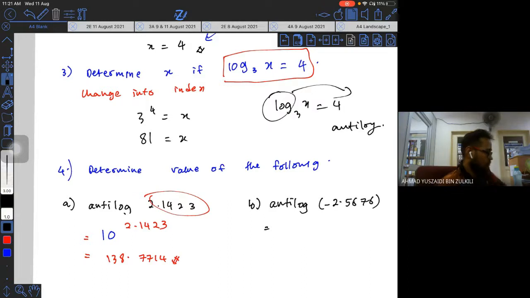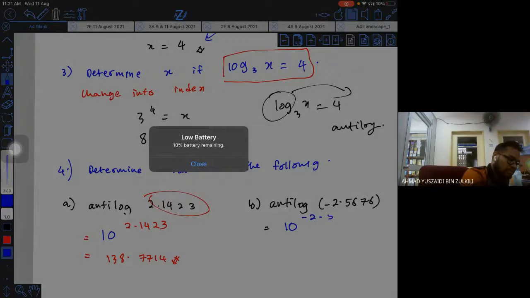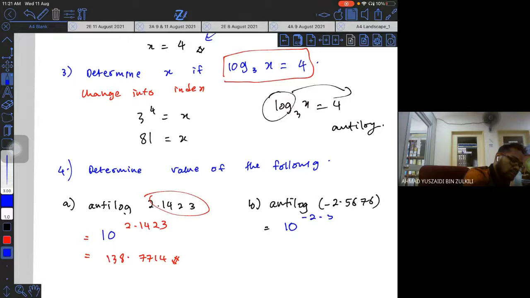What value do you get? 10 to the power of negative 2.5676. Okay, you get it in index form. 2.7064 times 10 to the power of negative 3.